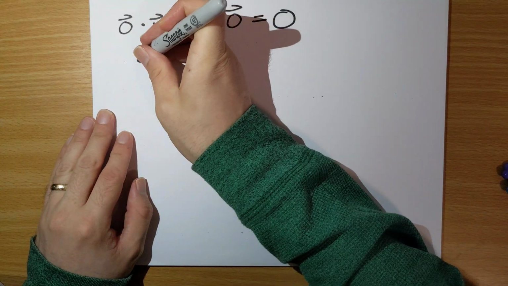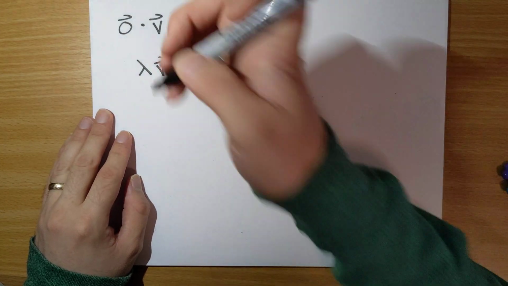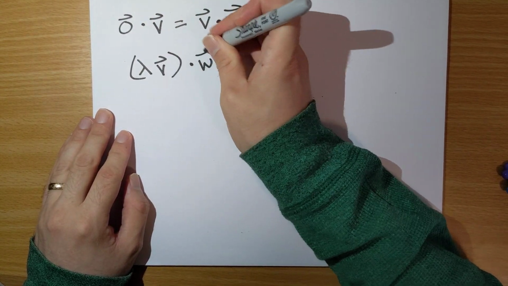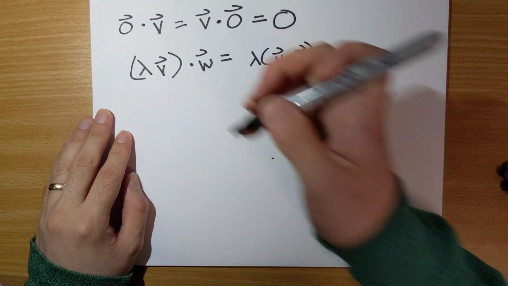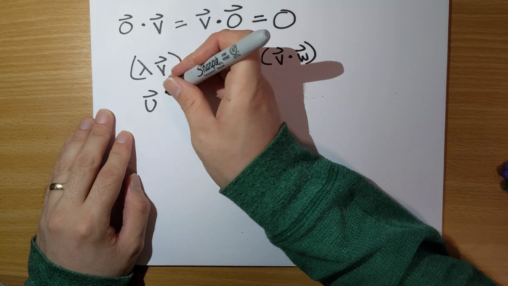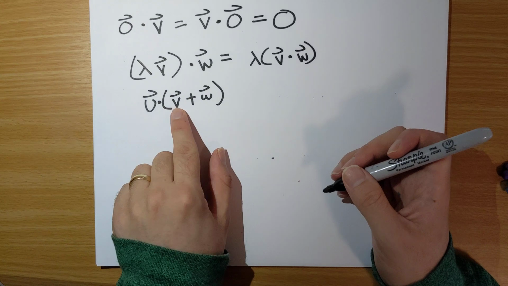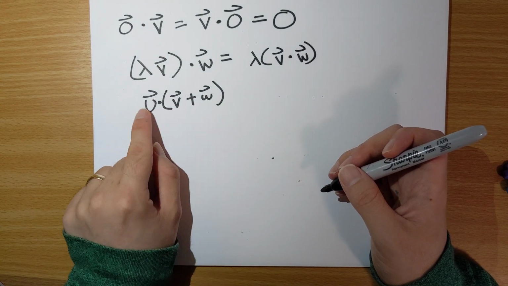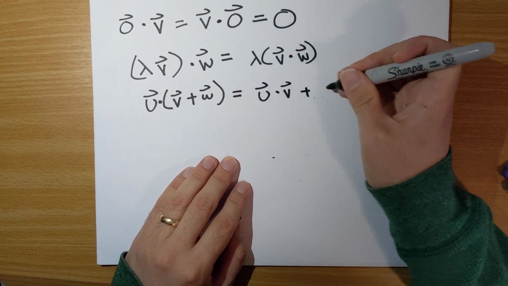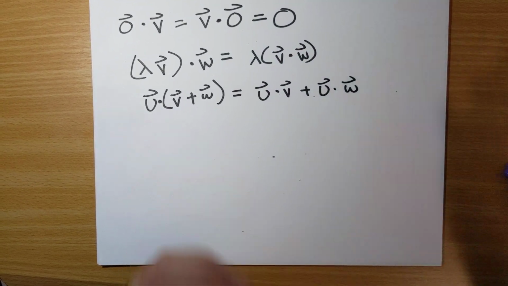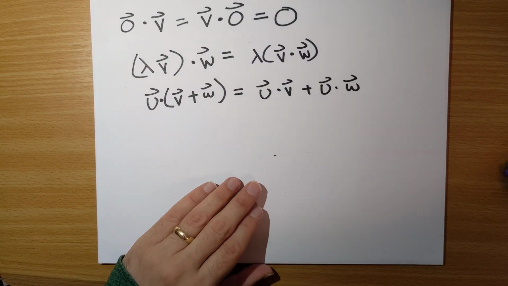A few more rules: for any scalar lambda, lambda v dot w is equal to lambda times v dot w. And then we have a distributive law. If we take vectors v and w, add them together, and then do u dotted with that, we could have just done u dot v plus u dot w. So a distributive law. Okay, so this is an introduction to the dot product.